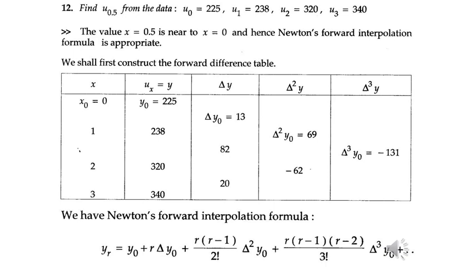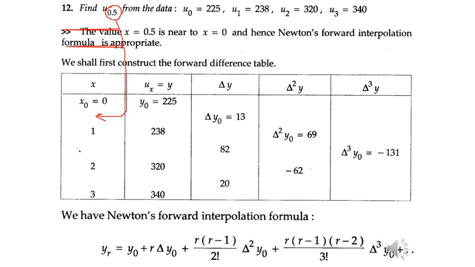Now the question is which formula we need to use, Newton's forward or Newton's backward interpolation. Since the value of x at which u is required is 0.5, and this 0.5 is near to 0, that is near the beginning of x values.